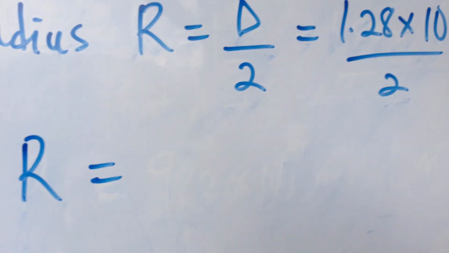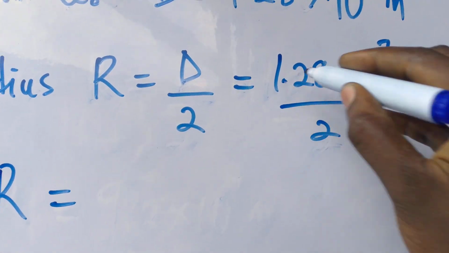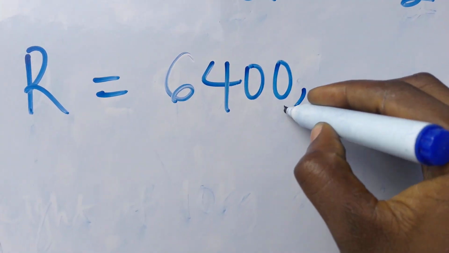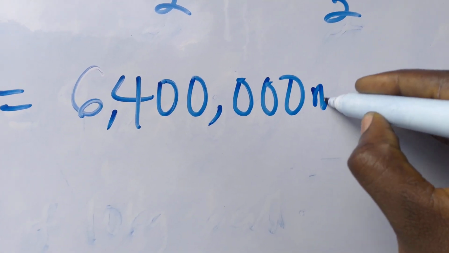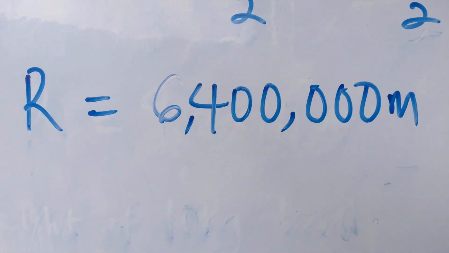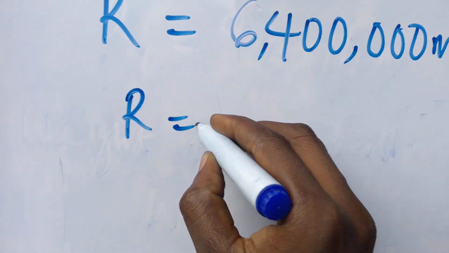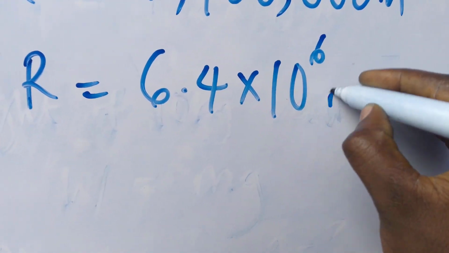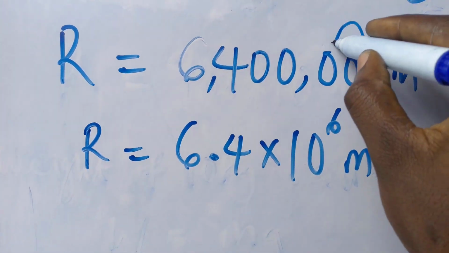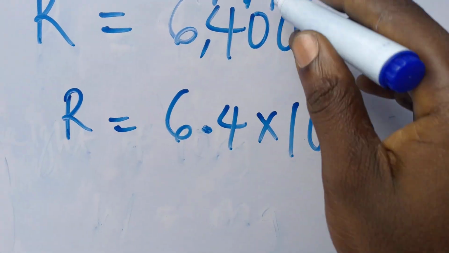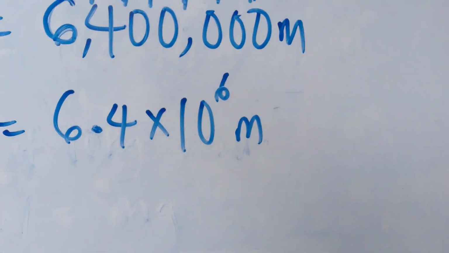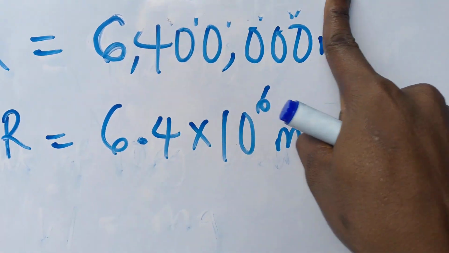Half of 1.28 gives us 6,400,000 meters, which is equal to 6.4 times 10 raised to the power 6 meters in standard form. So the radius of that planet is that.